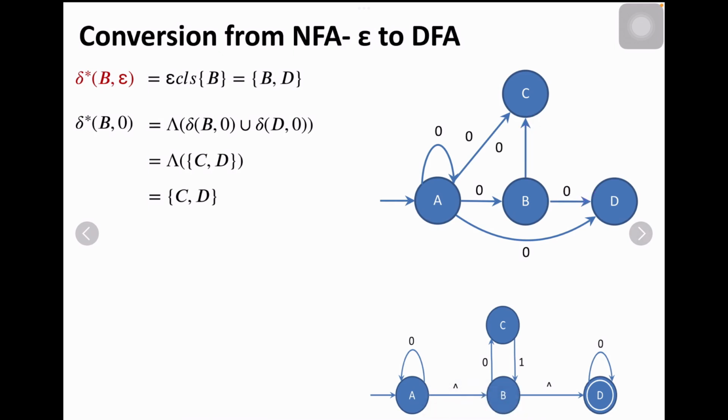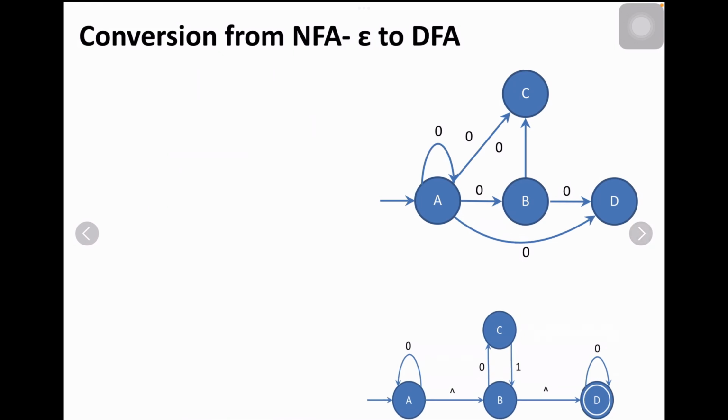Then B on 1: E-closure of B on 1 union D on 1.